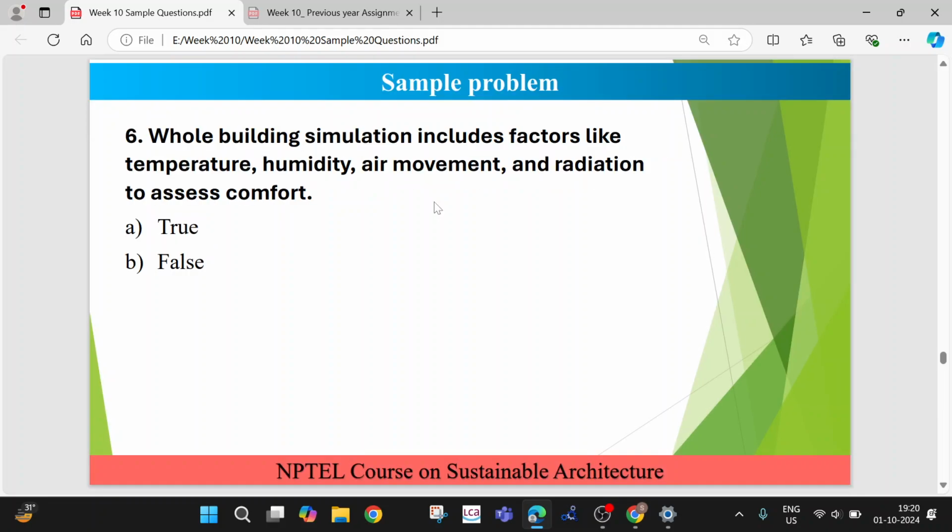Yes, sir. Here is the next question. Question number 6. Whole building simulation includes factors like temperature, humidity, air movement, and radiation to assess the comfort. So whether these factors are considered or not in whole building simulation.